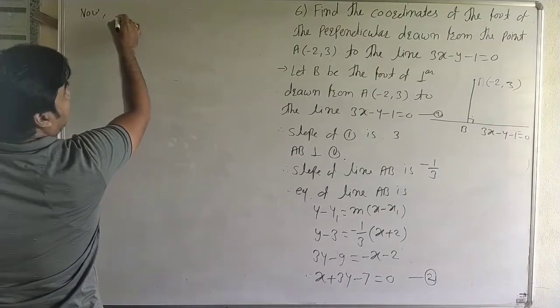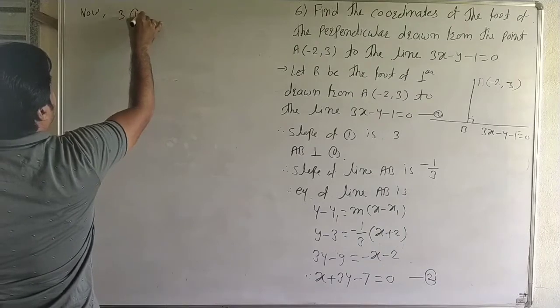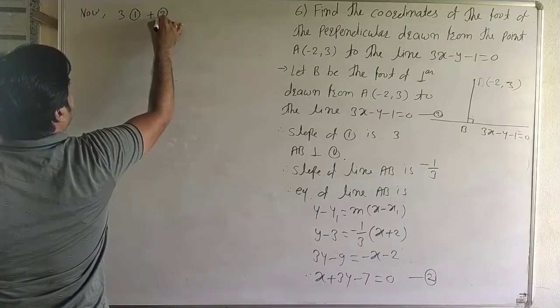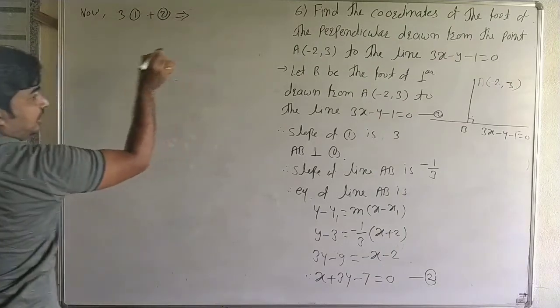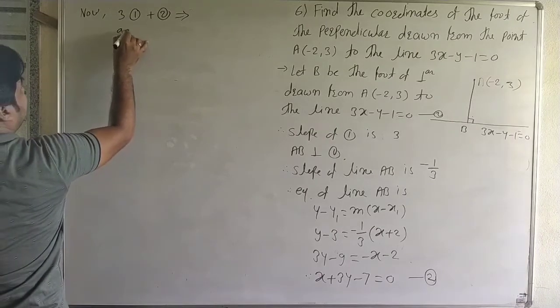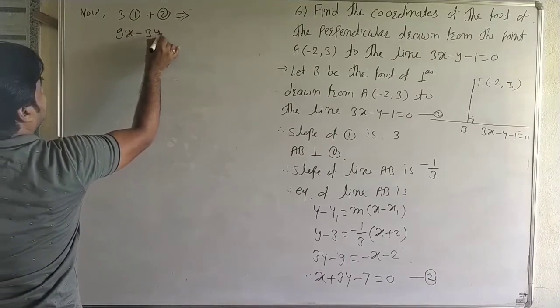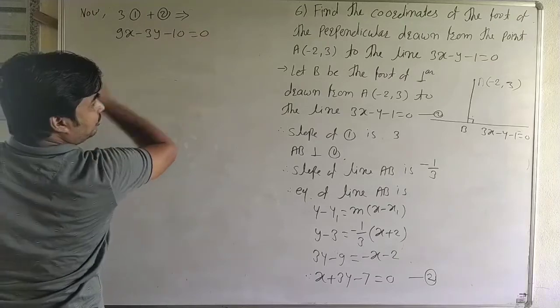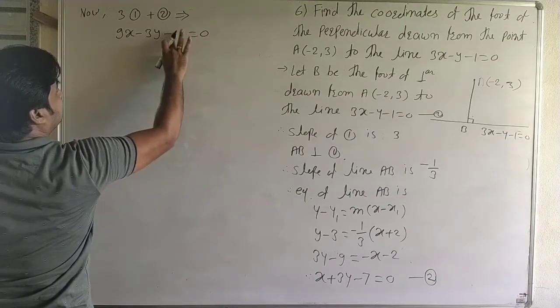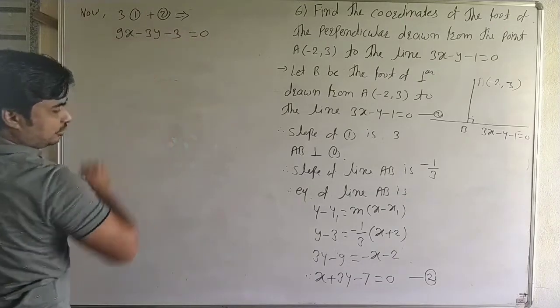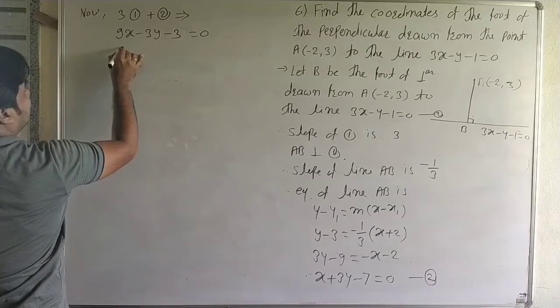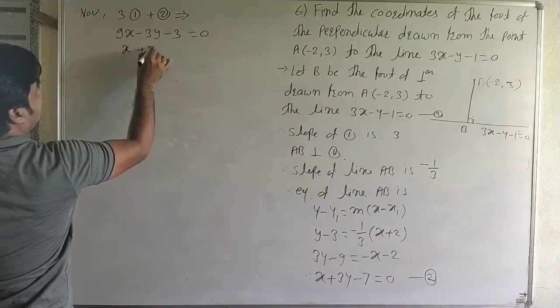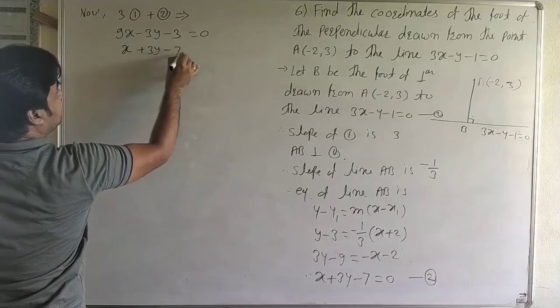Now 3 into equation number 1 plus equation number 2. 3 times equation 1 gives 9x minus 3y minus 3 is equal to 0, and then x plus 3y minus 7 is equal to 0.